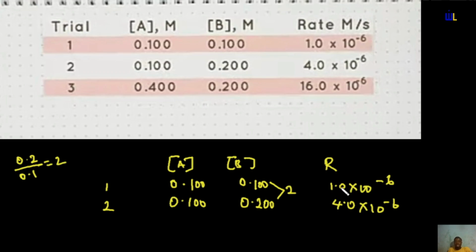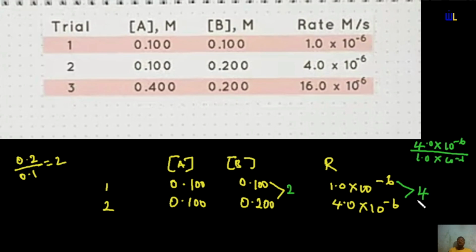But when you check the factor of increase in the rate, the factor of increase in the rate is going to be 4.0 times 10 raised to the power minus 6 divided by 1.0 times 10 raised to the power minus 6, which is going to give us 4.